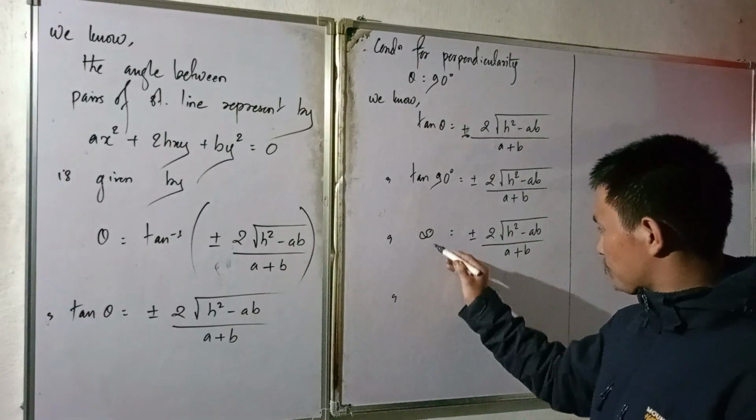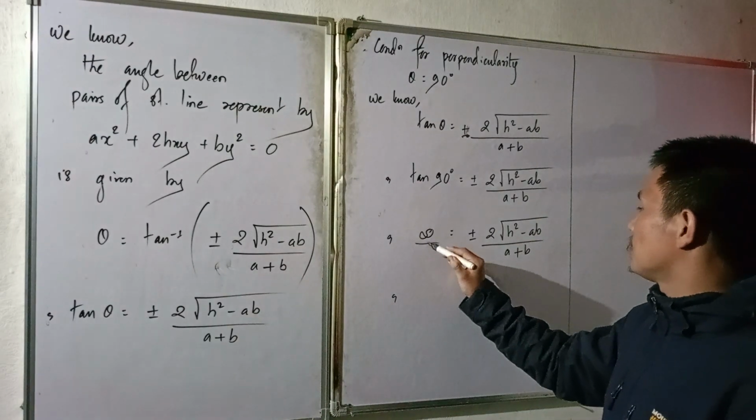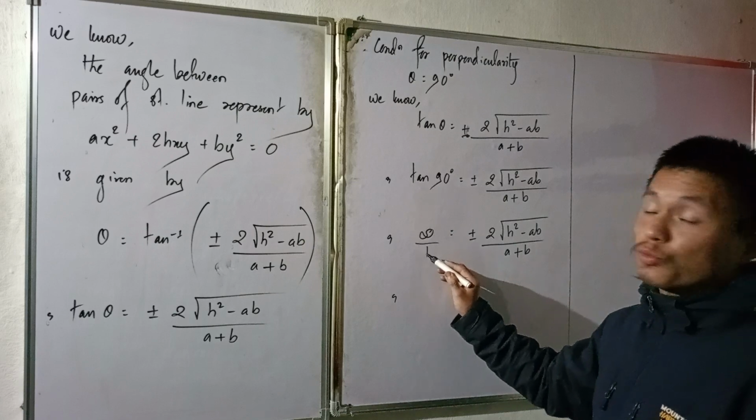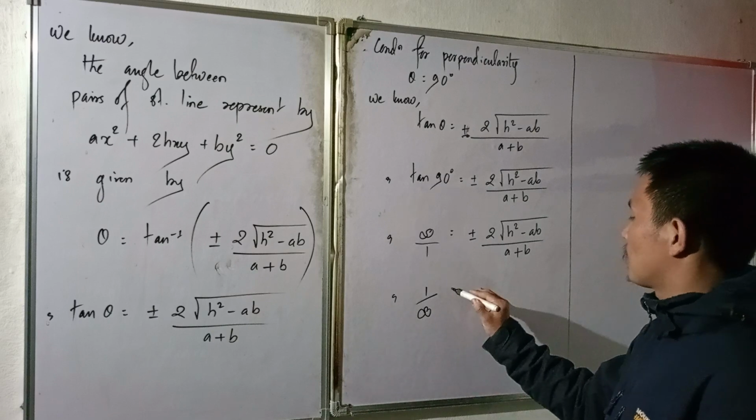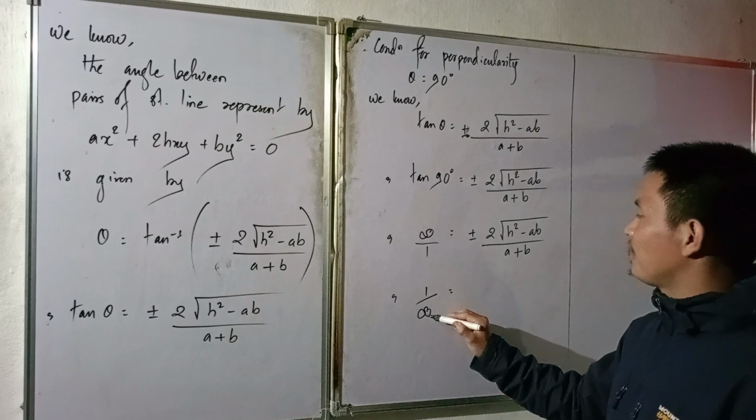Now you can just take the reciprocal of this. Infinity by something means there is nothing, so 1 by infinity.